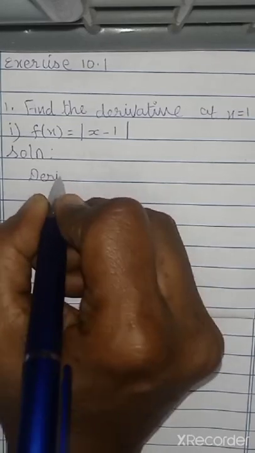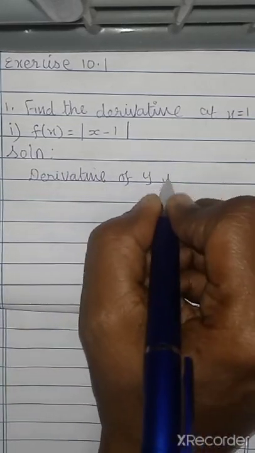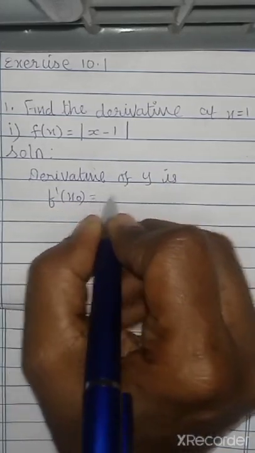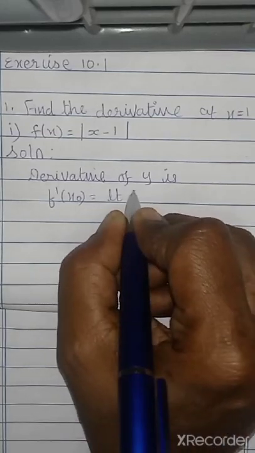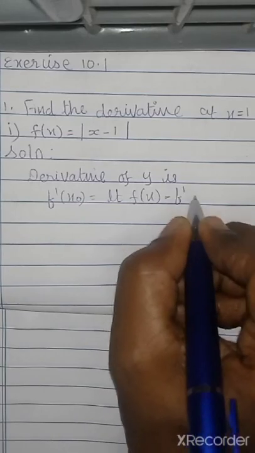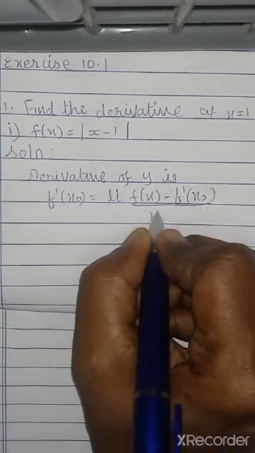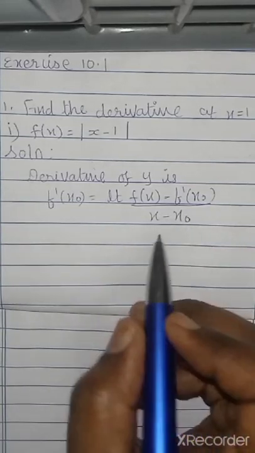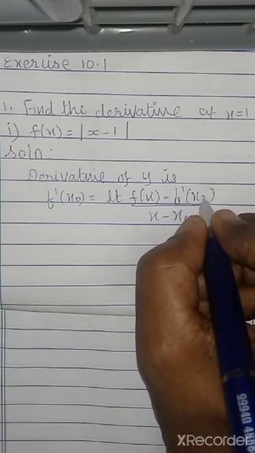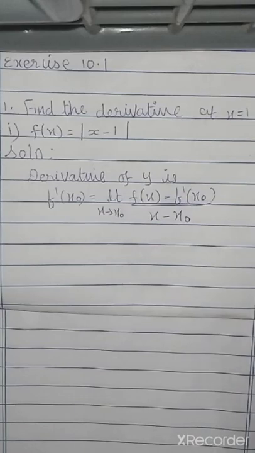So first we are going to find out the derivative. This is your formula: f dash of x naught equals limit x tends to x naught of f of x minus f of x naught divided by x minus x naught.